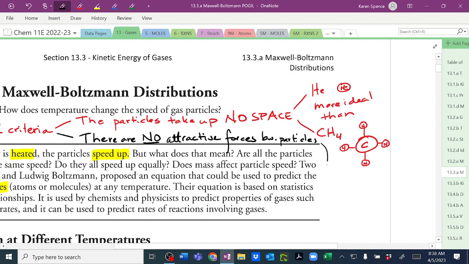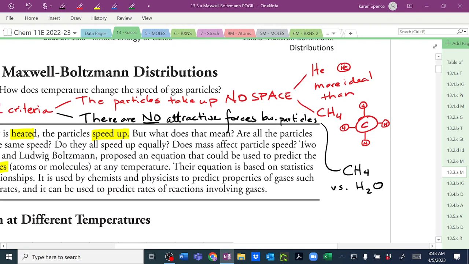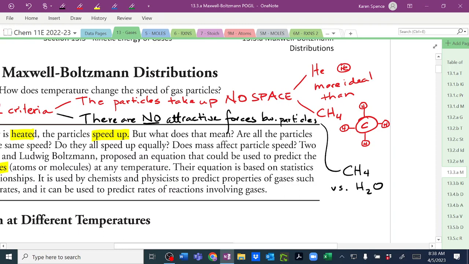And for that one, let's say we were comparing CH4 versus H2O, I want you to think about that and decide which of those would be more ideal based on having no attraction between the particles. Take a moment and think about that.